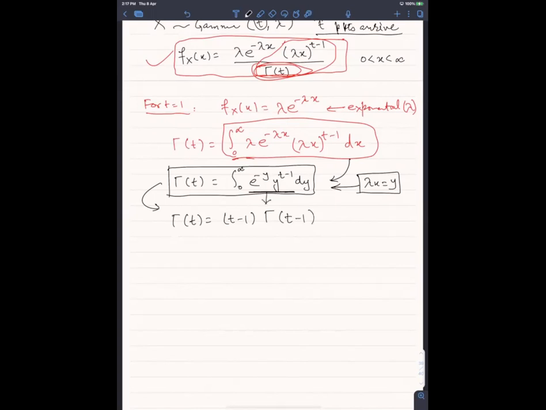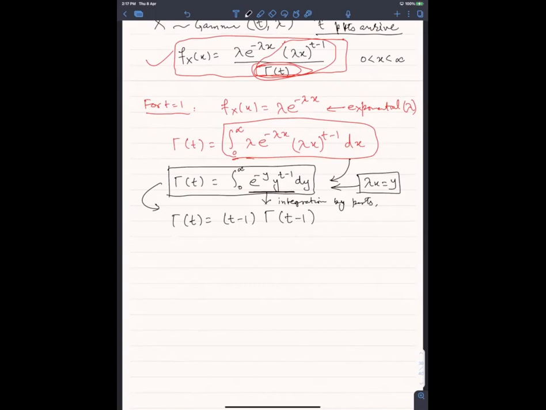If you take a step and do integration by parts, you will come up with this answer. This is integration by parts. So you will end up with this.